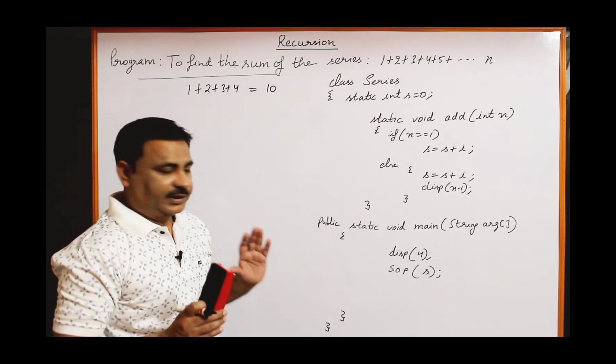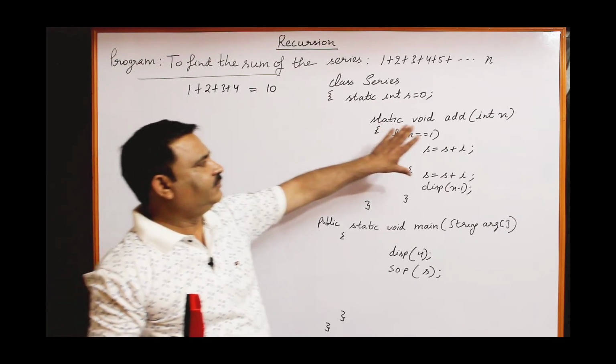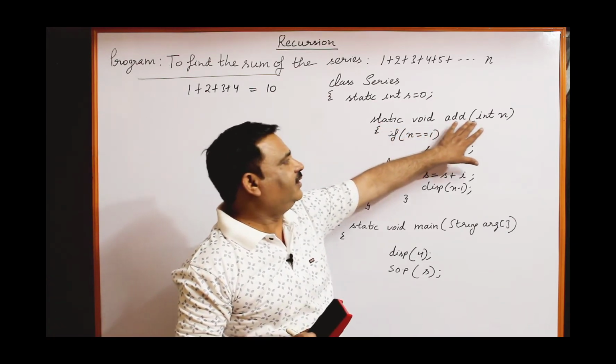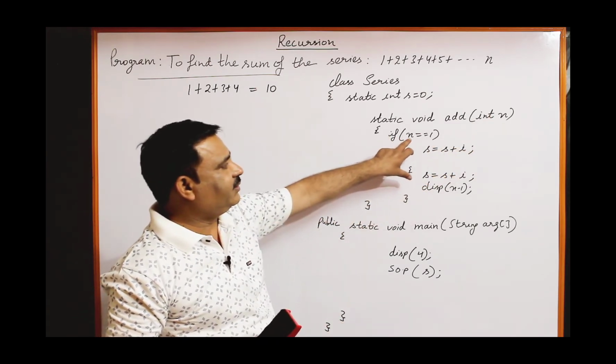Now from the beginning, it is the same program as in the last video, almost the same function name, just this time I have taken add, with parameterized variable n, and the condition is the same, if n is 1.